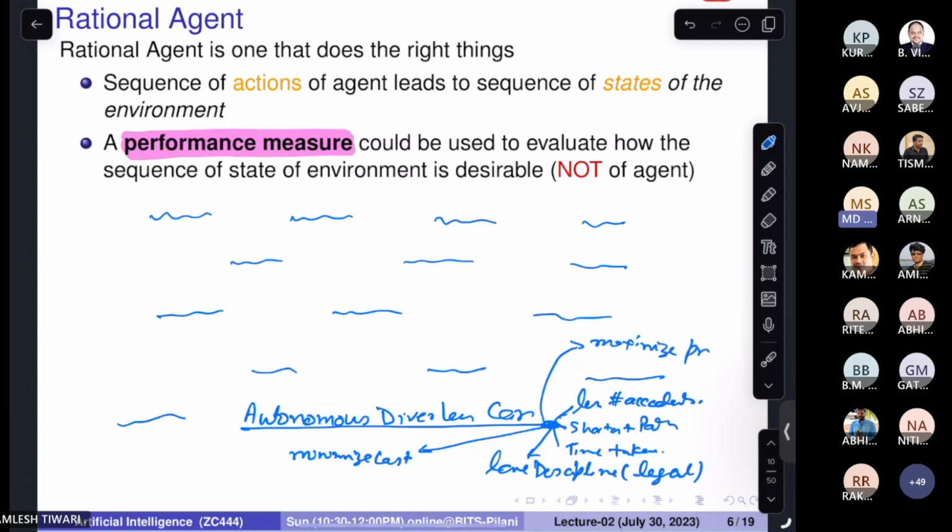Maximize profit. Profit, because for an autonomous car there is a company running this, and he wants to maximize his profit also. Handling breakdowns. If there is a breakdown, how can the car handle it? It can give some kind of an alert beforehand.